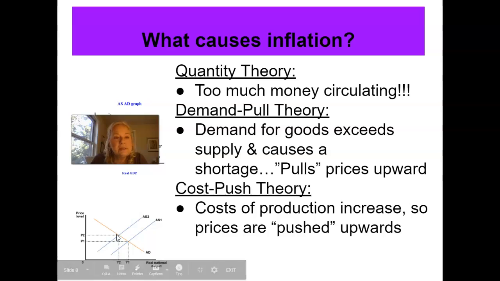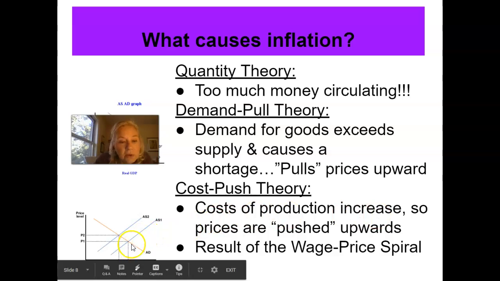So the cost of production, things like the cost of resources, the components of a computer, the cost of the wages of the people that are working for us. Any of those things that are the tigers are something that could push the supply curve to the left. And then when this happens, the supply overall decreases because of the cost of production, and then we have an actual increase in price.